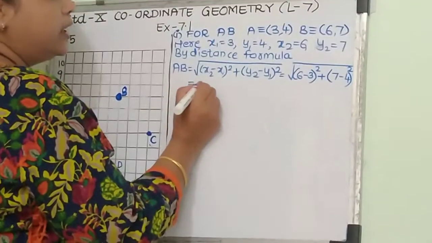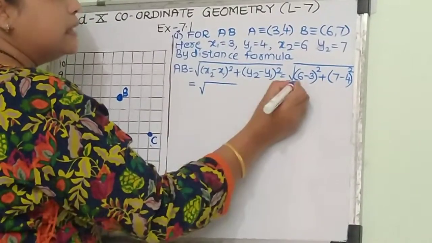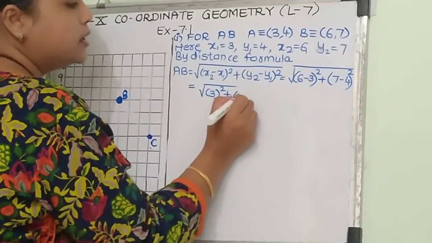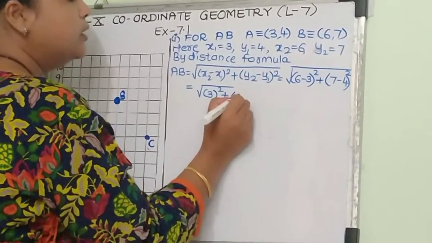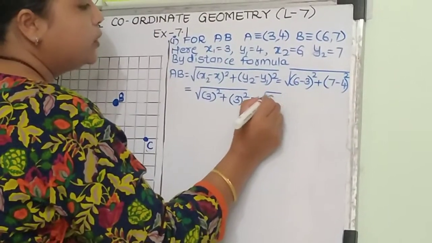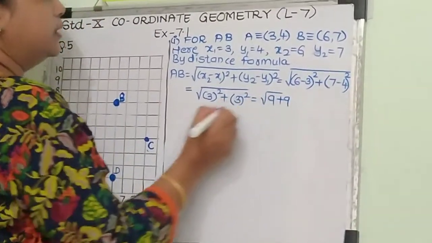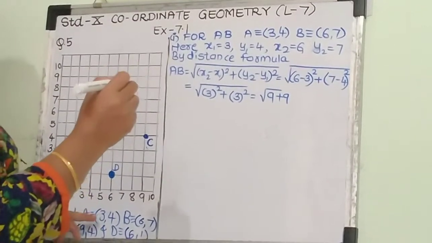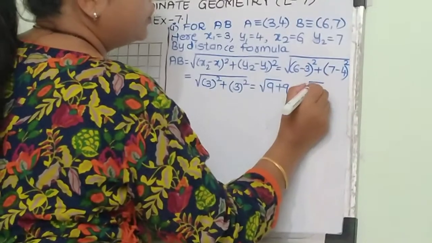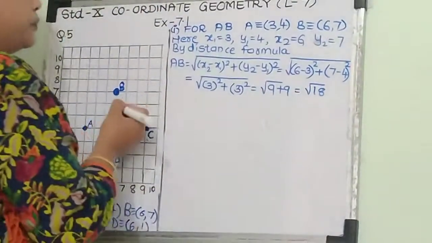So here we get root of (6 minus 3, that is 3) square plus (7 minus 4, that is 3) square. So we get total 9 plus 9, so it will be root 18.